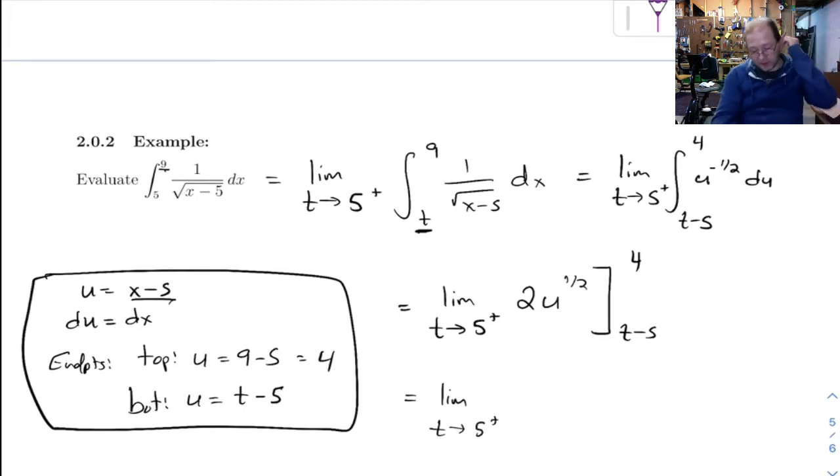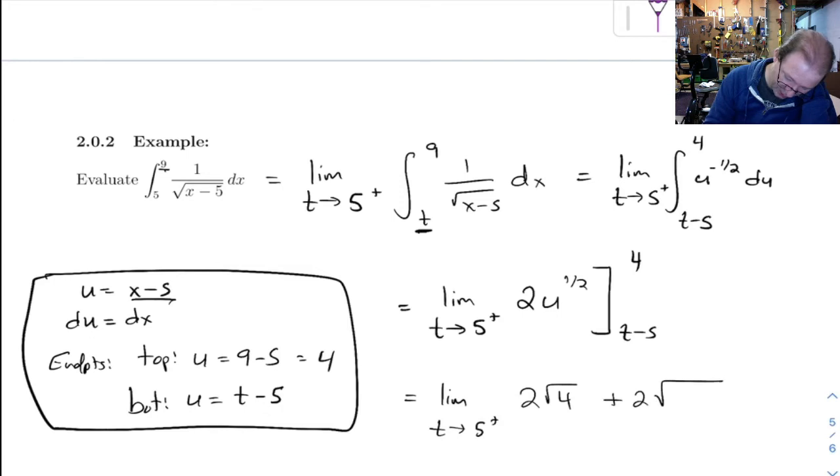If I plug this stuff in, I get 2 times the square root of 4 minus 2 times the square root of t minus 5. 2 times the square root of 4 is 2 times 2, which is 4. And if you plug in the 5 here, you get 0. So I just get 4 for my answer.